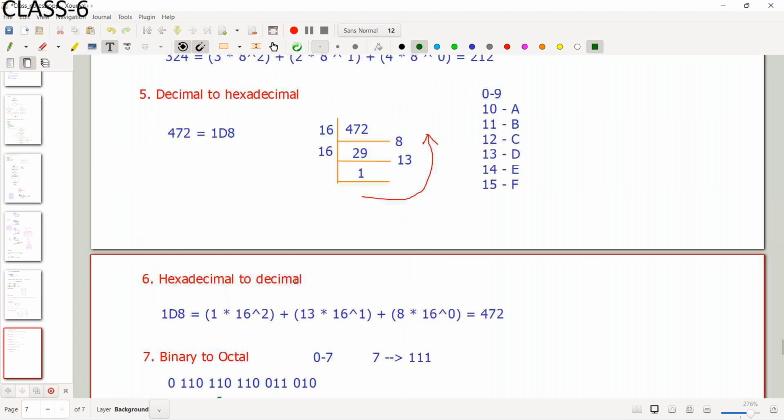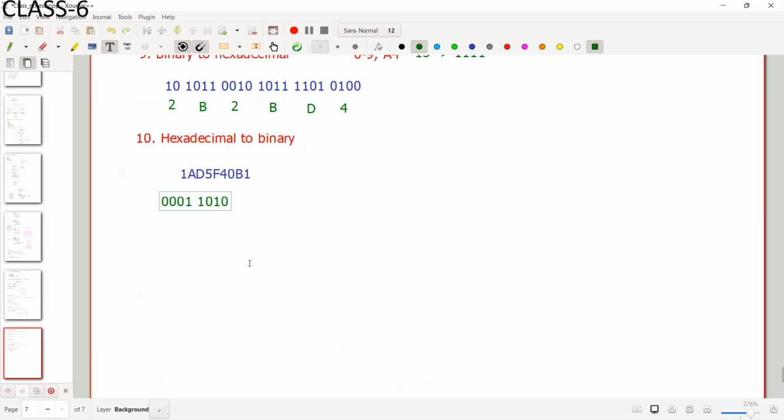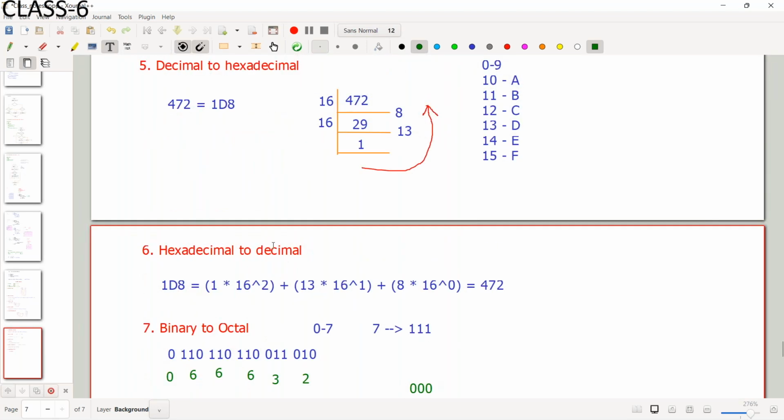Conversion from decimal to hexadecimal is where we are dividing by 16. Okay, decimal to hexadecimal. So this is another number system, hexadecimal to binary. The division and multiplication come only from the decimal or to decimal. To decimal, always that is the multiplication with the base power.